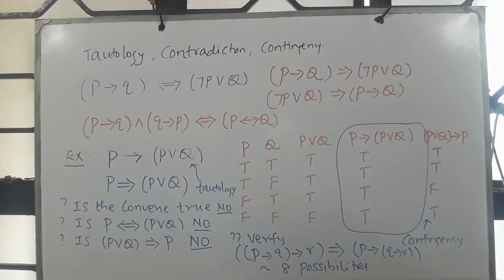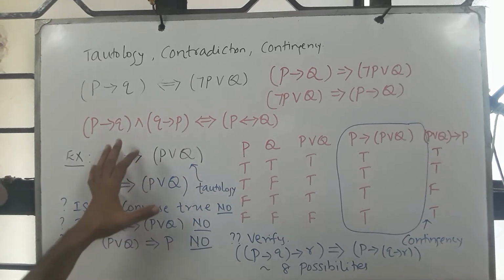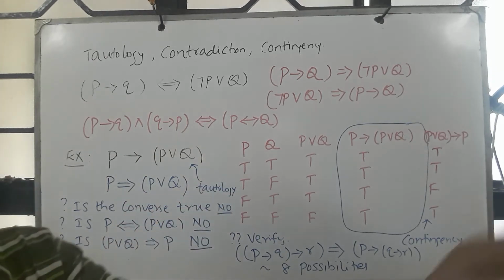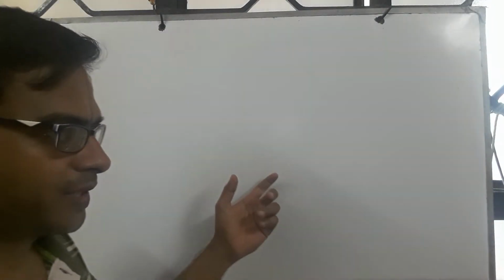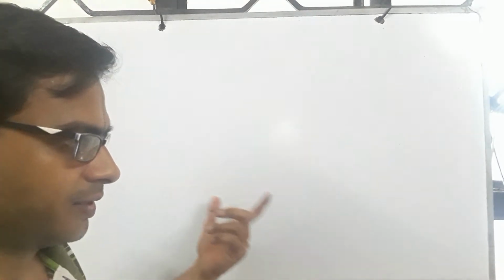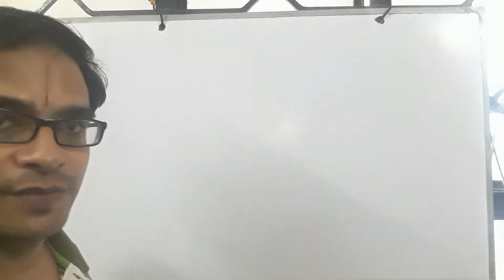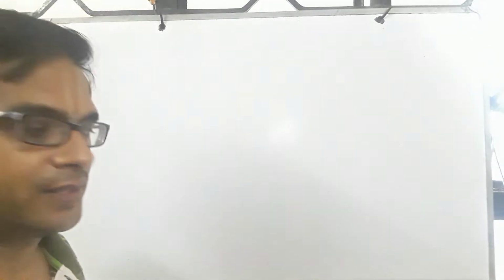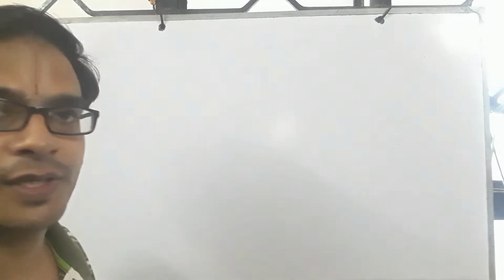Okay, we will look at some case studies and see how this translates into practice. Let's look at a couple of case studies and see how propositional variables are helping us to simplify the expression and subsequently helping us in proving a given argument.